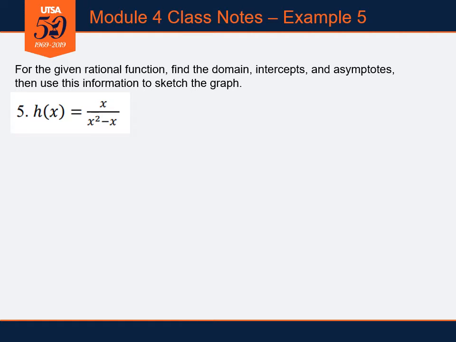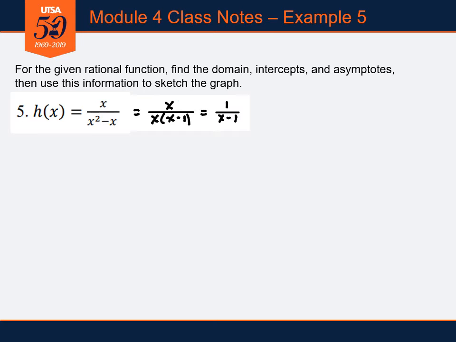So let's start this problem the same way that we've looked at all the other examples in this module, by first of all factoring. We factor that denominator to x times x minus 1, and then we see something interesting happen.